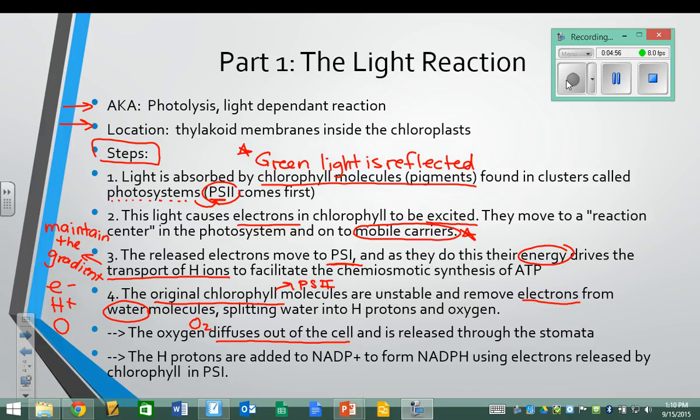The hydrogen ions are helping maintain a gradient, but eventually they're going to be added to NADP along with the electrons that had been moving around. So these original electrons that are excited move from photosystem 2 to photosystem 1, and then finally to NADP and help it become NADPH.